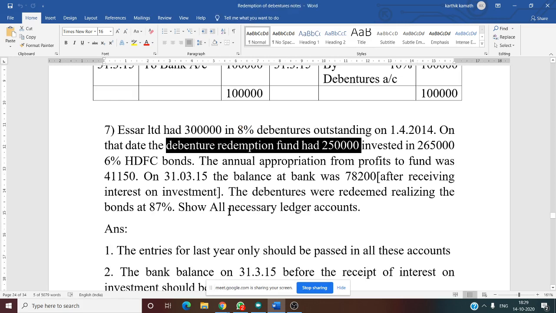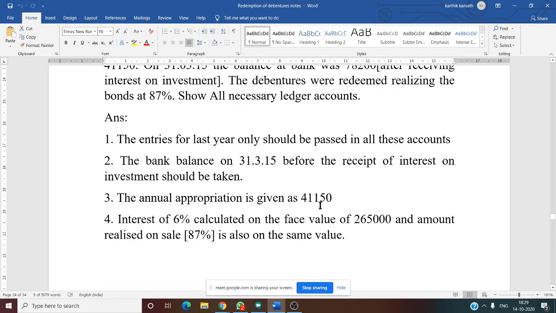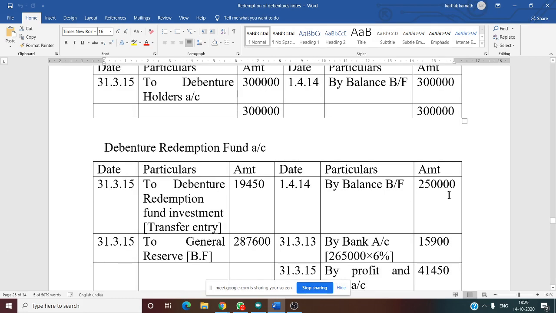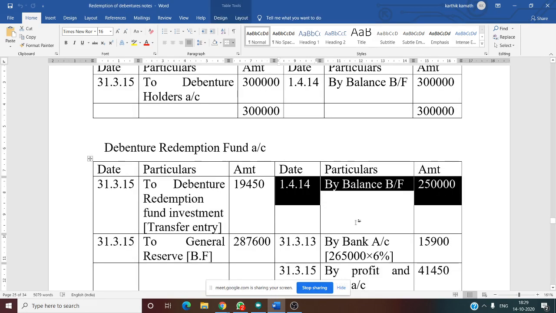That means the last year's opening balance is given, on 1/4. So that opening balance you need to write on the credit side of the debenture redemption fund. So that is 1/4/2014, by balance brought forward, 2,50,000.